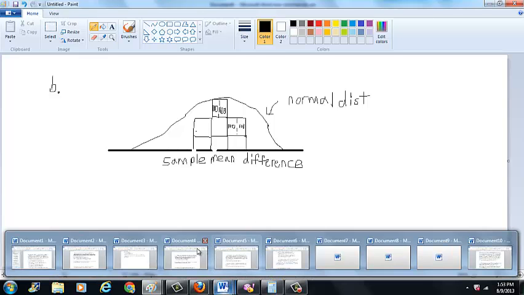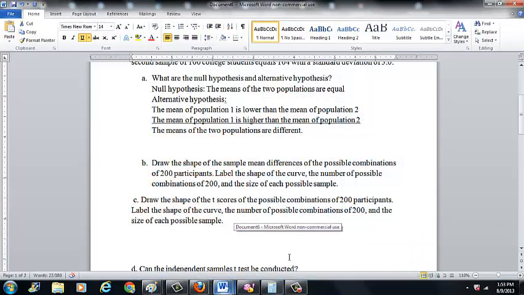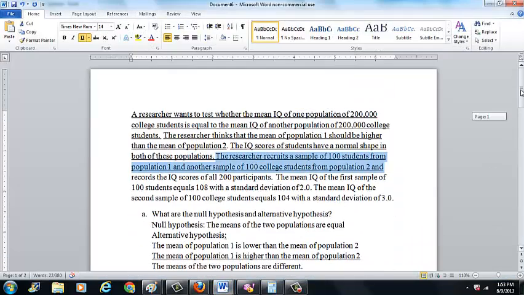What we need to know is how many people are being selected from both populations, and we need to know the size of both populations. So we know that 100 is being sampled from this population, and another 100 is being sampled from this population.